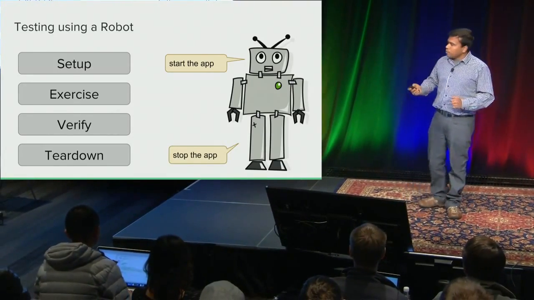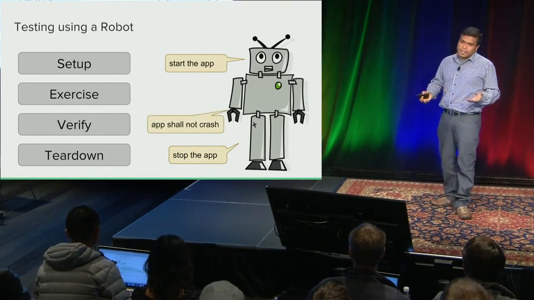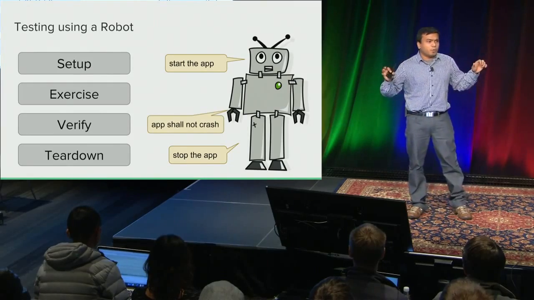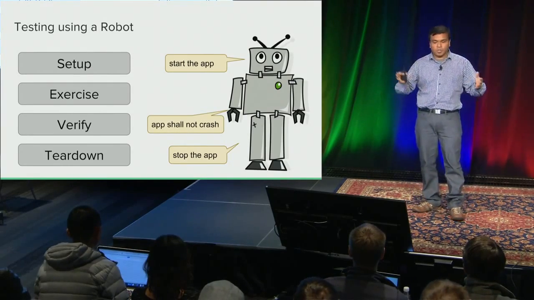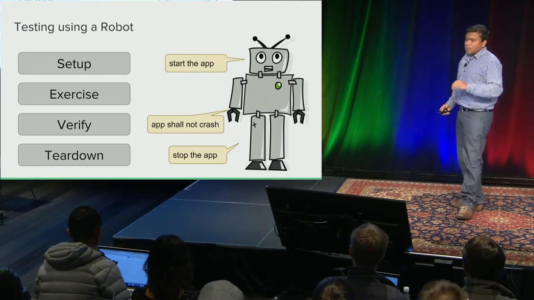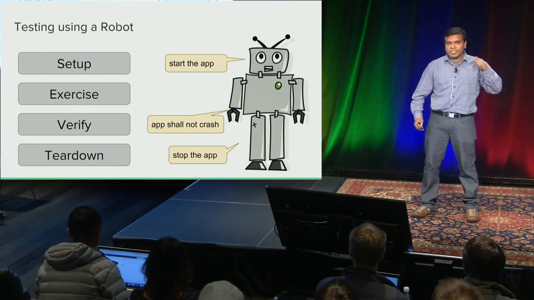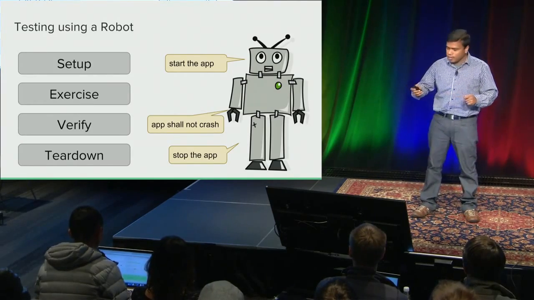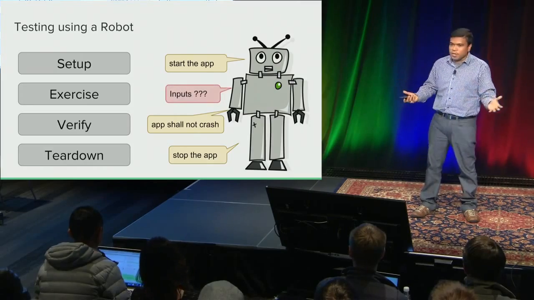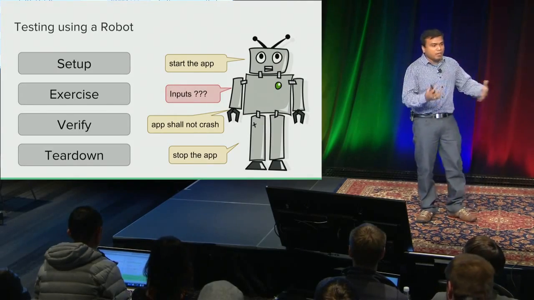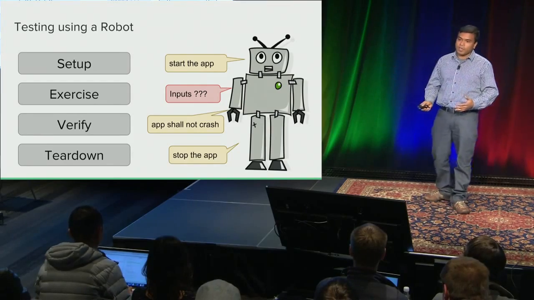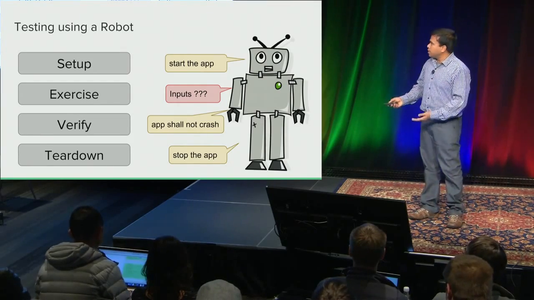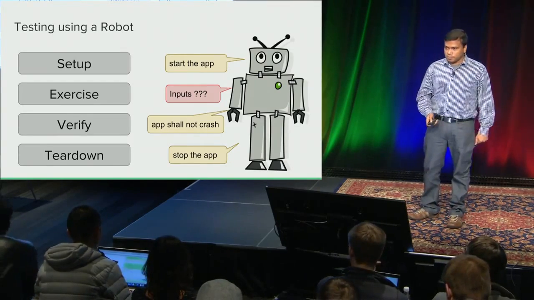For verify, it says, let's have an oracle or a policy that the app may not crash, or might not show any issues that you can identify. But the most challenging thing for such a robot is what input it should give the application so that it could meaningfully exercise the application. This is the main focus of this talk, where we are going to evaluate existing input generation techniques.